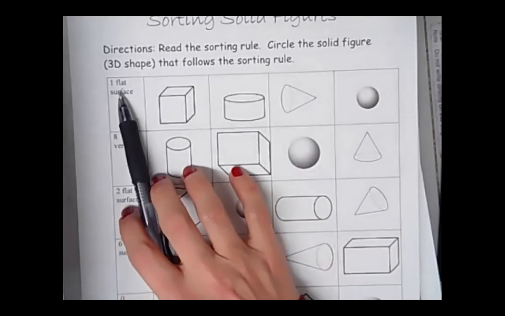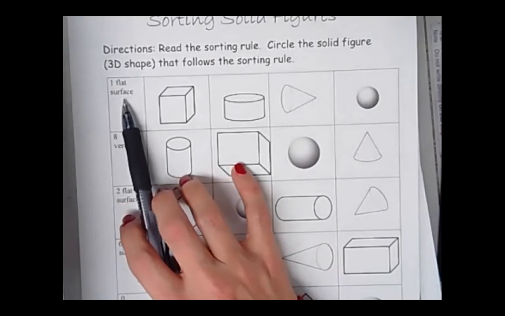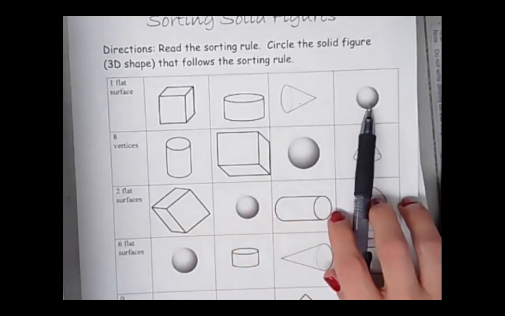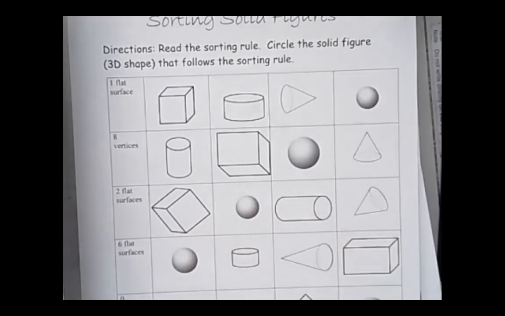Our first sorting rule is one flat surface. So I am looking for a shape that has one flat surface. Take some private think time. Which shape only has one flat surface?